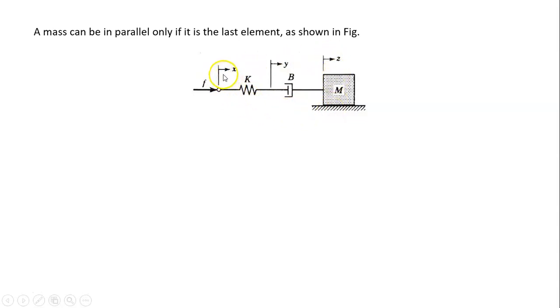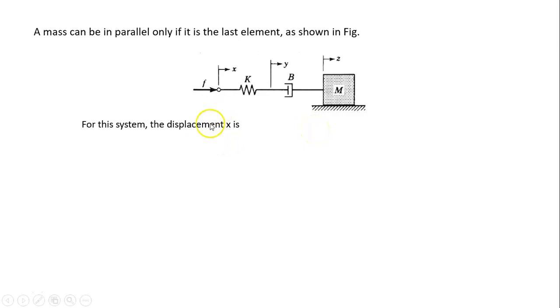Between x and y spring k is there, between y and z damper b is there, and at coordinate z this mass m is placed and this force F is acting through or passes through all the elements. Therefore, here mass is attached at last, so you can say that mass is in parallel with spring K and damper B.